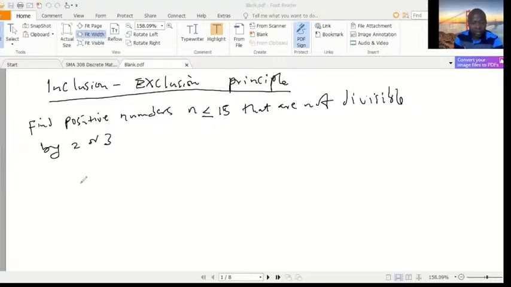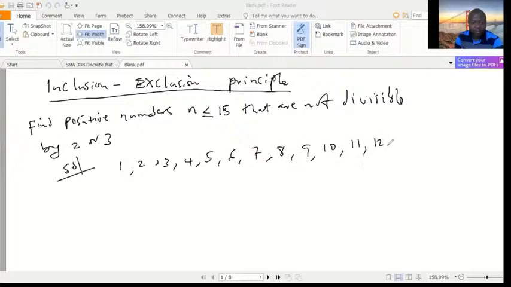Now, somebody else would have done this by listing the numbers between 1 and 15. But I'll use another method, the one of inclusion-exclusion. But let me just see.